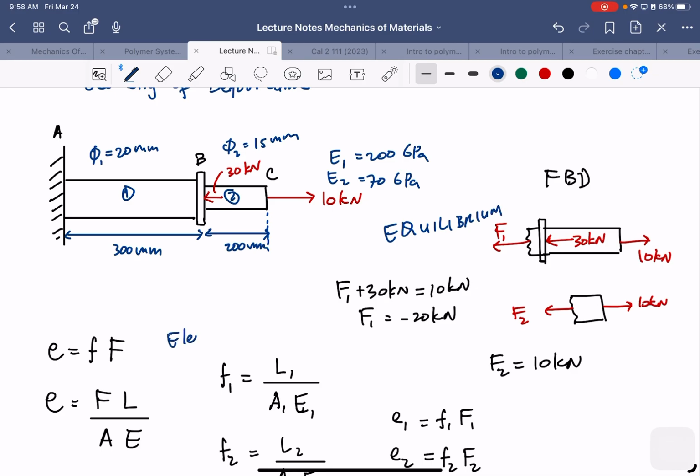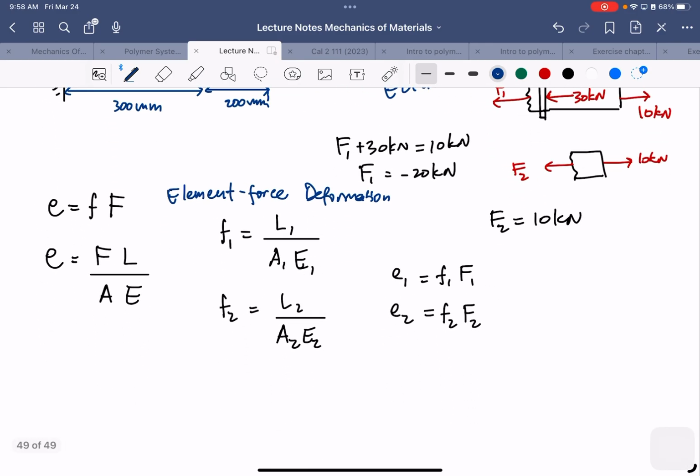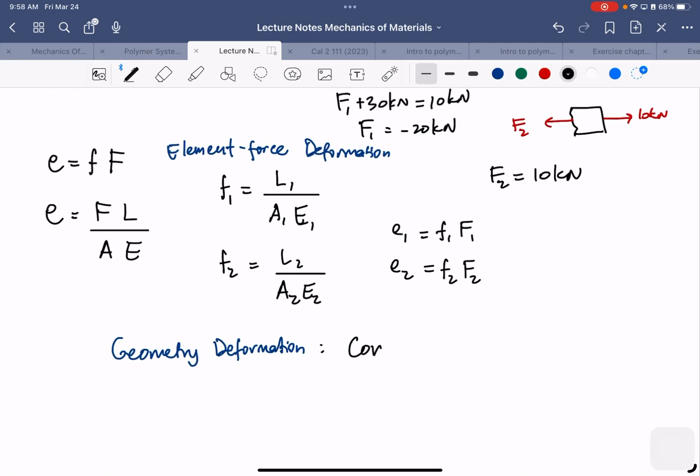This is the element force deformation, which means we are going to calculate the elongations. And then for the geometry, we are going to apply what we call compatibility equations. I think this will be next week's subject, focusing on these compatibility equations.